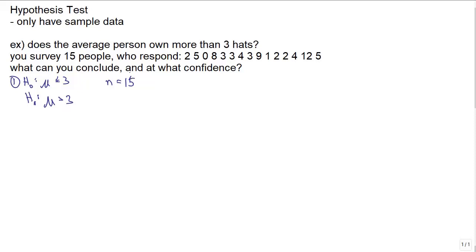Now normally we'd also be given the sample mean. We don't have that. We just have a bunch of sample data. We'd also be given some kind of standard deviation. We're not given that. Again, all we're given is the raw data from the sample. So what do we have to do?